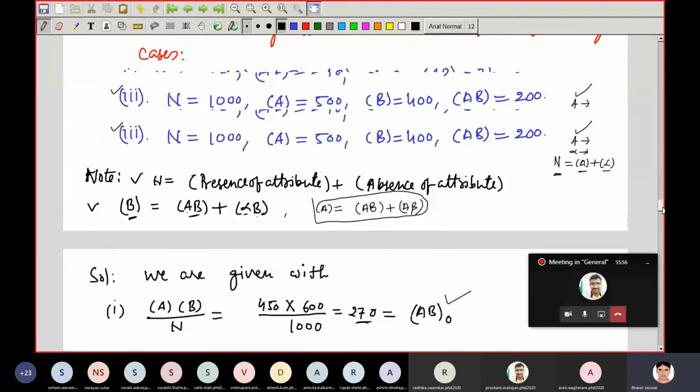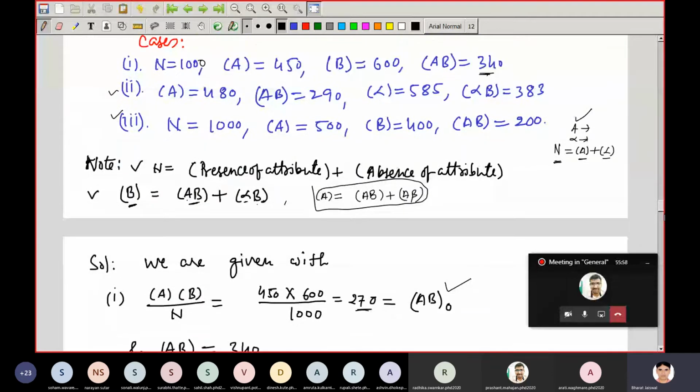What kind of association is there in the second, and what kind of association in the third? Please note down these questions in your notebook and do those.